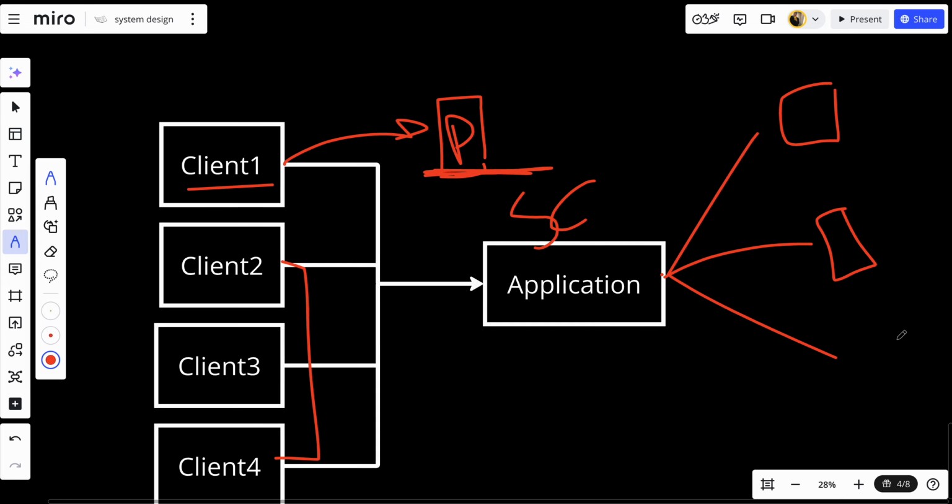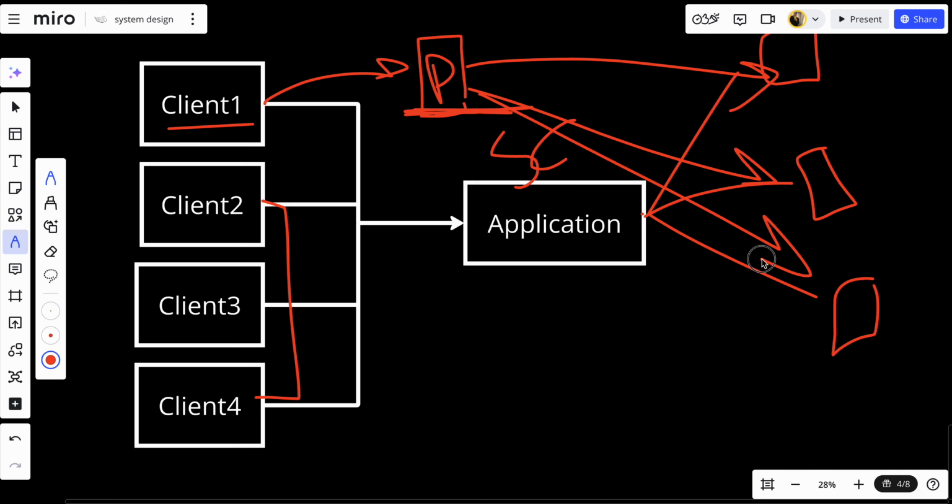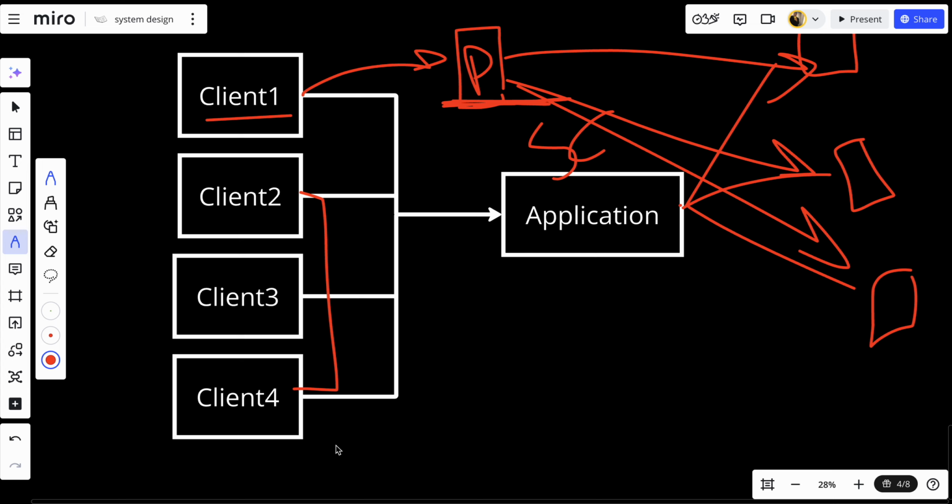It will make sure that the updated P is updated onto all the database centers, so all the other clients will read the exact same product or data. The problem of this one, as we said, is increased latency, because this takes time.